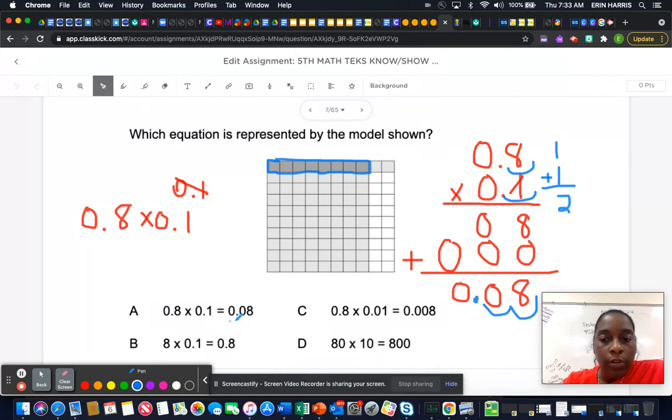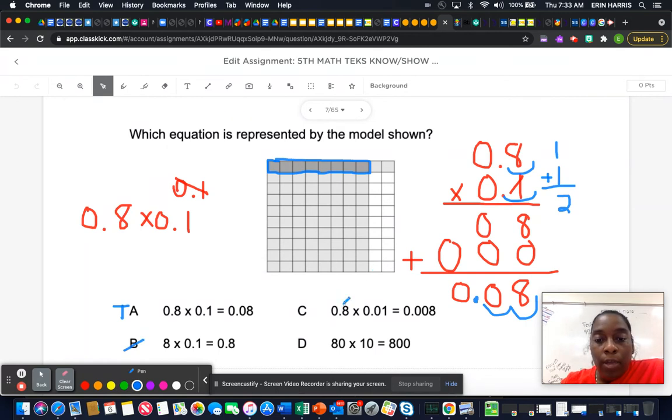So you would look for the model that represents this. Well, if you look at this, A is 0.8 times 0.1, and it does equal 0.08, which is true. Okay, but let's look at B. It has 8 times 0.1, and it gives you 8/10. Well, we know that this is not true.